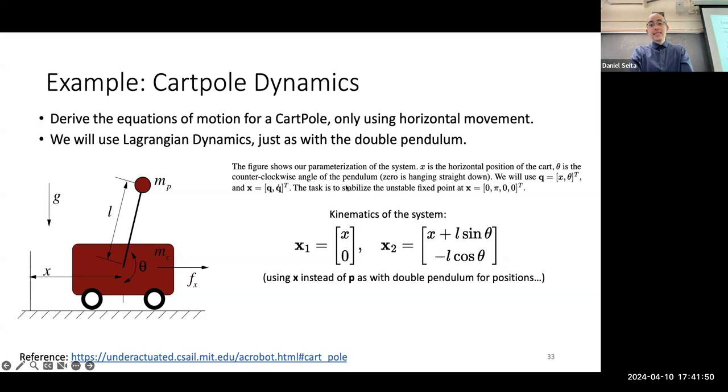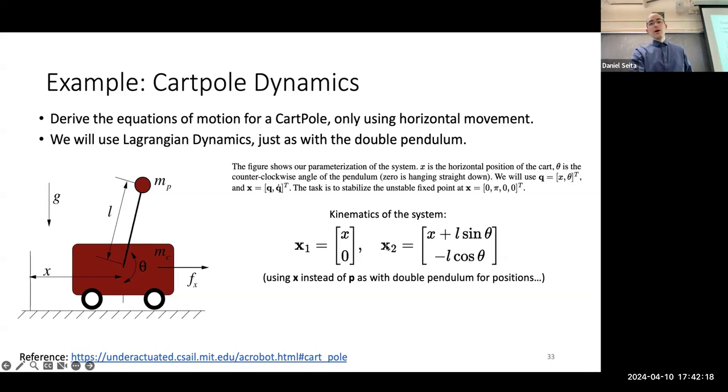And the task is to stabilize the unstable fixed point at x equals 0, pi, 0, 0. The confusing thing here is I think x here is a four-dimensional vector that includes a 2D q and the 2D q dot.